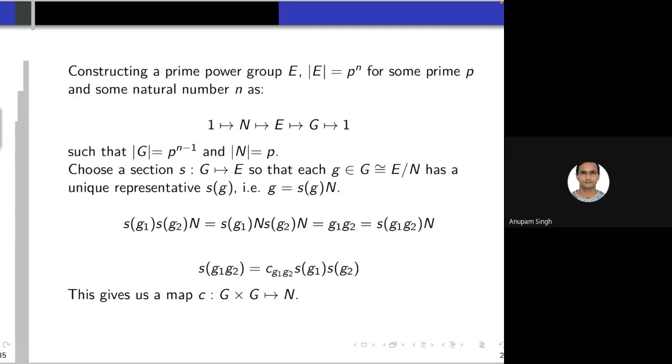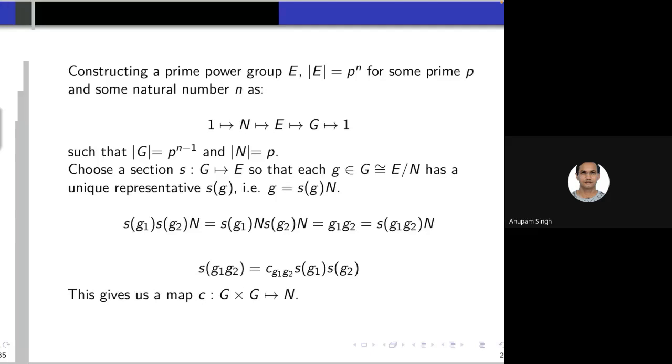Choose a section S from G to E, so that each g belonging to G has a unique coset representative S(g), so that g equals S(g)N. So S(g) denotes the representatives of the cosets of N in E. The next line just says that the element S(g1 g2) lies in the same coset as S(g1) S(g2).